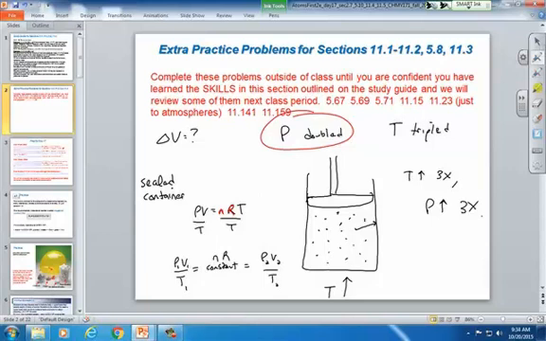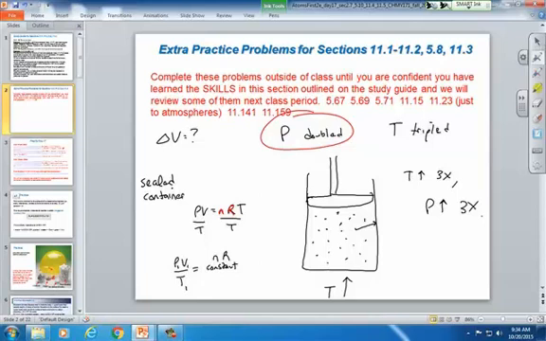Whichever way I want to think about this, since I don't actually have numbers to plug in to solve for anything specific, I just want to know how much the volume has to change. I might have to work this out, just recognizing that this is a constant. Whenever I multiply the pressure times the volume and divide by the temperature from the ideal gas law, I know it's going to be a constant in this specific example.